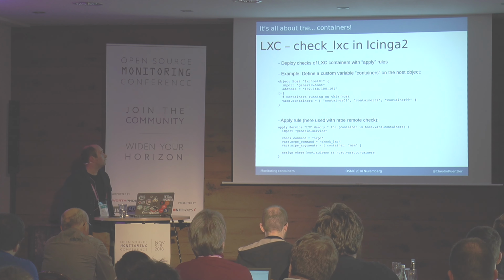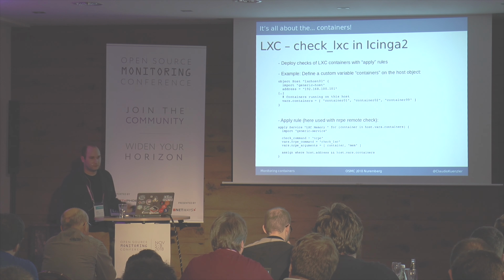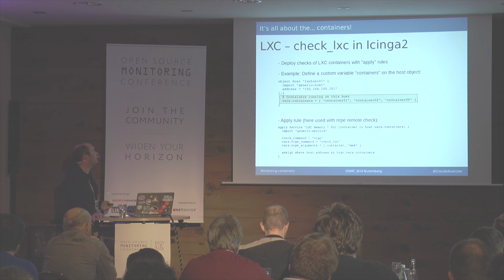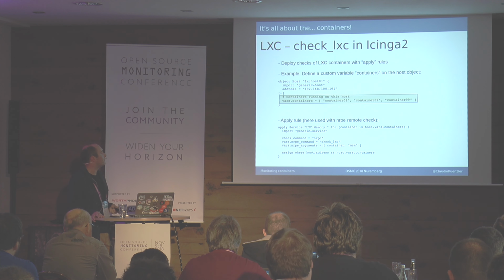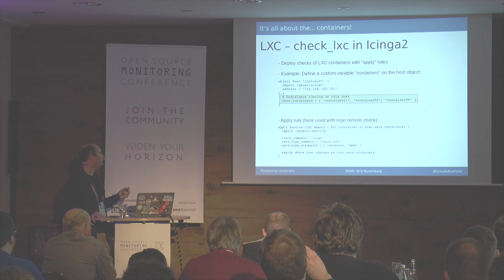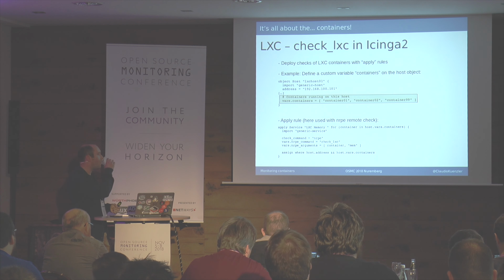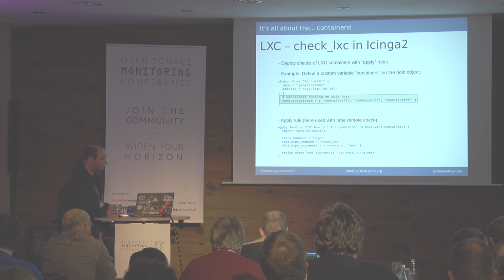So if you deploy check_lxd in, let's say, Icinga 2, I suggest that you create a variable like vars.containers for each LXC host, and you add the number of containers or the container names to it.